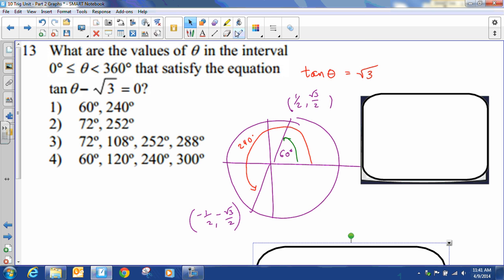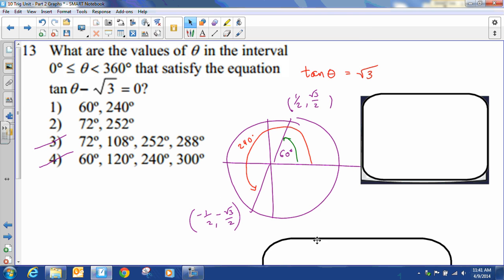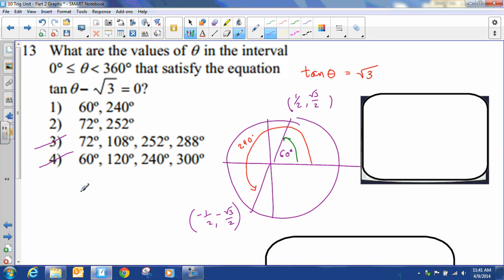So we can automatically eliminate these answer choices. Actually, it wouldn't be this one because this is quadrant 2. So we're only looking at options 1 or 2. Now you have to recall that tangent of theta is sine over cosine. So let's take a look.